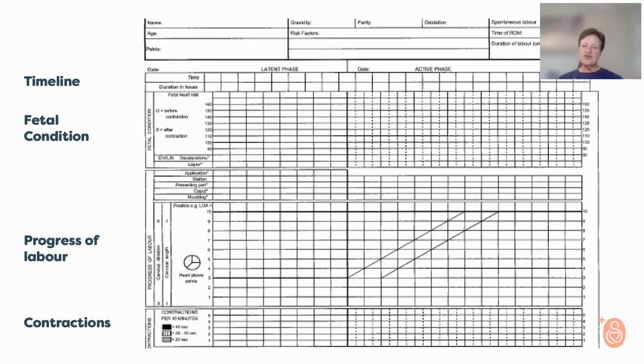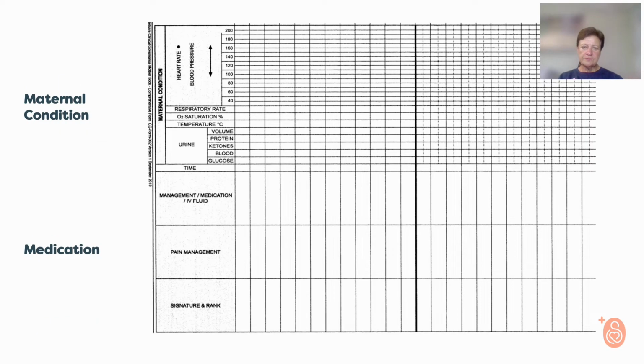That shows you how long the patient has been in labor. Then we have this part that is the fetal condition part, where we record all the fetal observations. We have this part where we record all the progress of labor records, and then we have this part where we record the contractions.